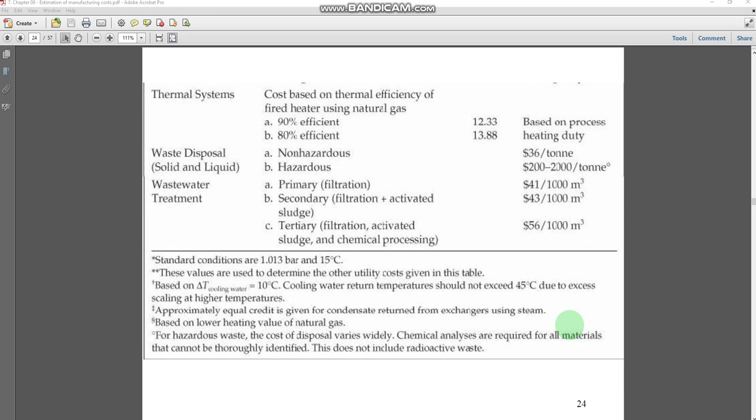Okay, similarly you can have the waste disposal cost, thermal systems along with the efficiencies, and the dollars per unit energy requirements. Okay, so you can see what is the relevant information which is required by your process, and then you can estimate what is the value of the total process utilities requirement.